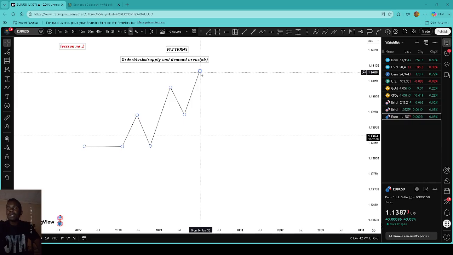Now, we have different ways of getting into retracements in order for us to get an impulsive move. Just as I talked about yesterday about impulsive moves and retracements. This one being our impulse move, and this one being our retracement, and this one being our impulsive move, and this is our retracement.